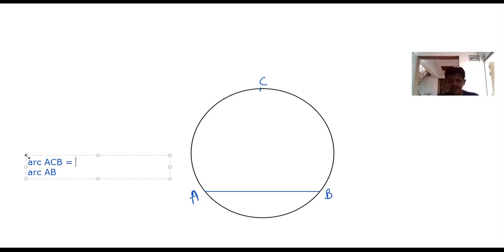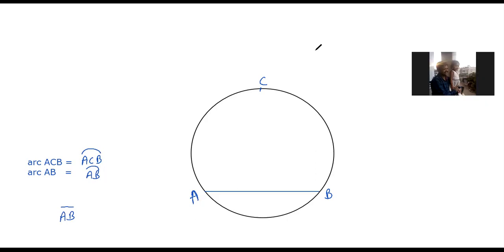And you can also write it with the end points of the arc having a symbol of arc above it. For example, if I write ACB with a symbol of arc, that would be called arc ACB, or arc AB, this becomes arc AB. Just as you know, AB with a bar over it, what is that called? Line segment. That bar denotes it is a line segment.